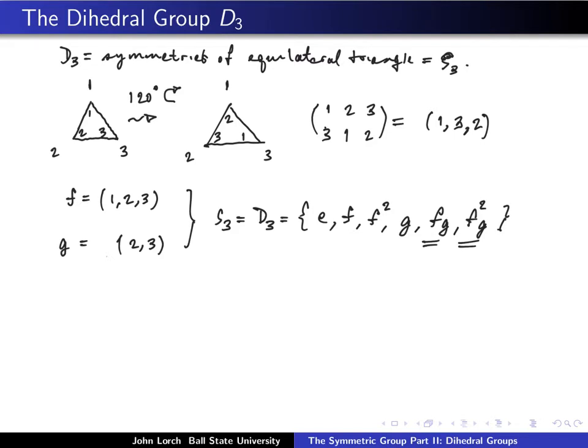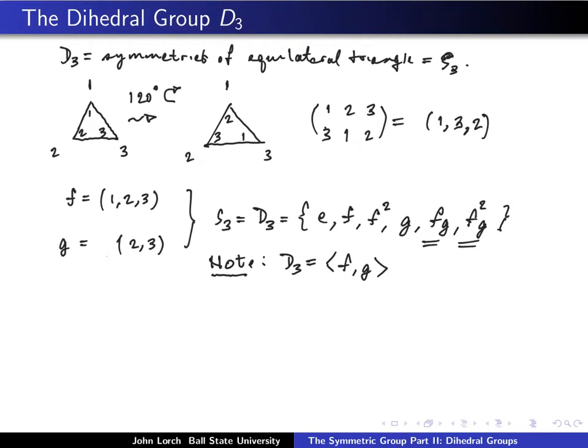Now, one other thing that I want us to look at here and observe is that this S3 or D3, either one, because they're equivalent, essentially has generators F and G. So F and G are primary movers here that give rise to the whole group.